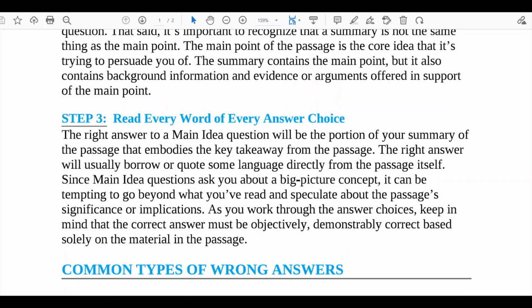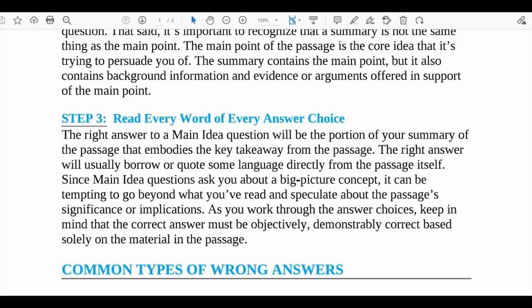Third step, read every word of every answer choice. The right answer to a main idea question will be the portion of your summary of the passage that embodies the key takeaway from the passage. The right answer will usually borrow or quote some language directly from the passage itself.